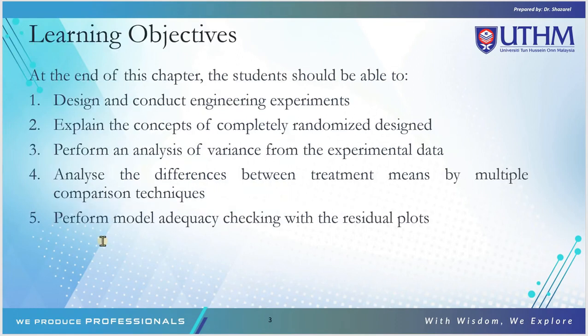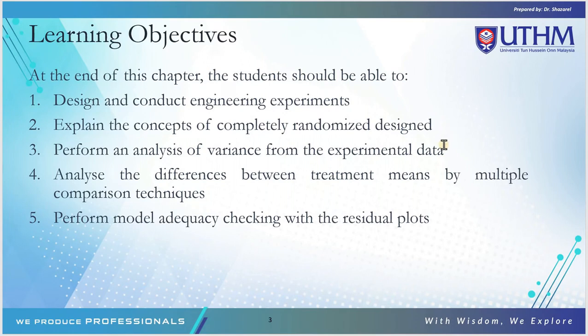Okay, this is the learning objective of this chapter. It is based on the previous chapter content. So the first learning objective is, at the end of the chapter, students will be able to design and conduct engineering experiments, which involves DOE, and then explain the concept of completely randomized design.